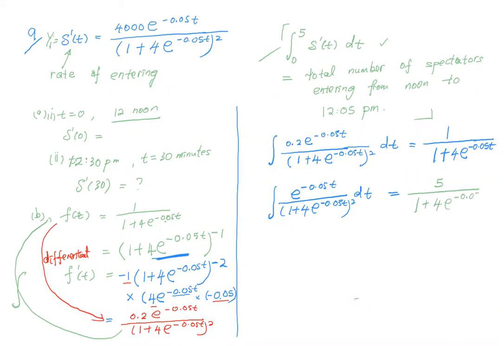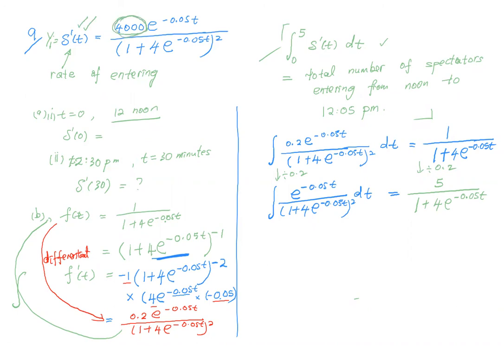Is my green one correct? Divide by 0.2. Okay? But now the question wants me to integrate this, whereby there is a 4,000 here.